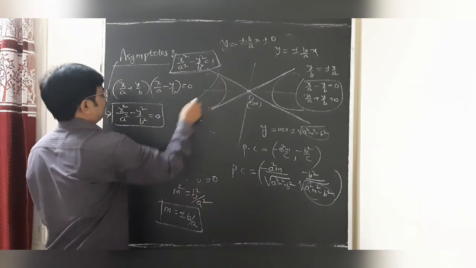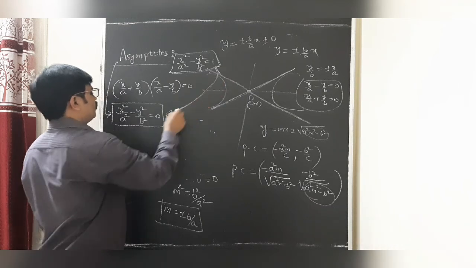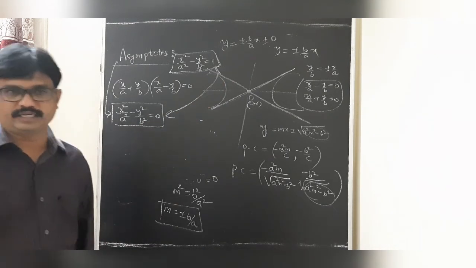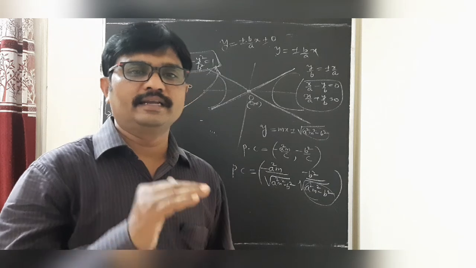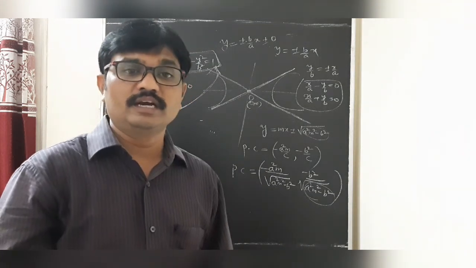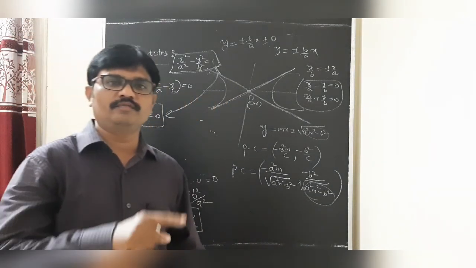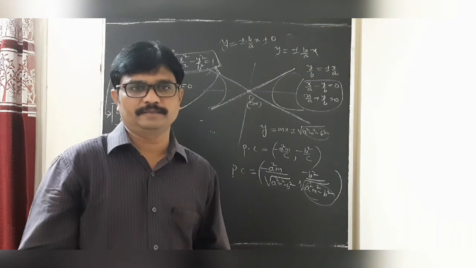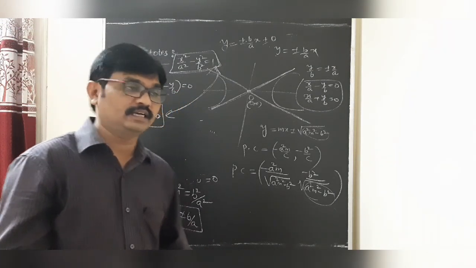What we observed here is that the equation of the hyperbola and the equation of the asymptotes differ by a constant only, but the asymptotes are always passing through the center.